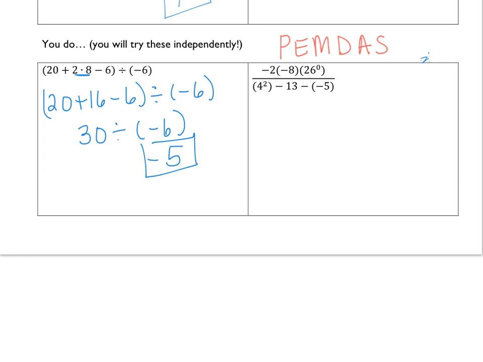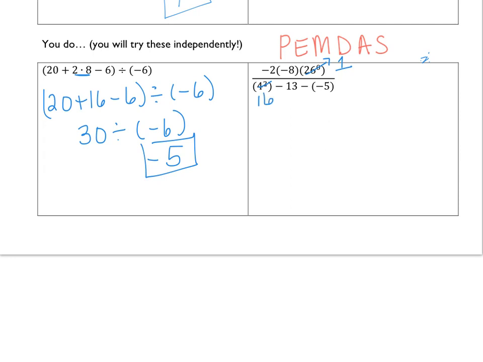Over here, first thing I see is that I have a 26 to the 0 power. Any number to the 0 power is going to be 1. So this right here I'm simplifying to 1. And then I am doing my exponents, which right here, that is going to be a 16.